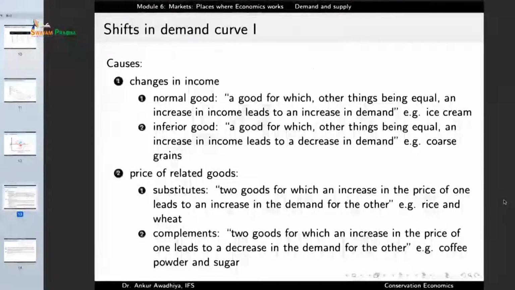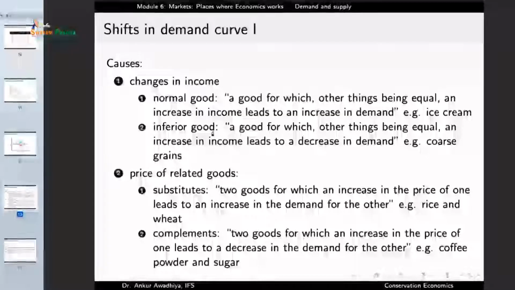In that case, we say that it is a normal good. On the other hand, there could be certain goods that are known as inferior goods. An inferior good is defined as a good for which, other things being equal, an increase in income leads to a decrease in demand, such as coarse grains. So when you were earning 10,000 rupees a month, suppose you were buying 30 kgs of coarse grains, say millets, in a month.